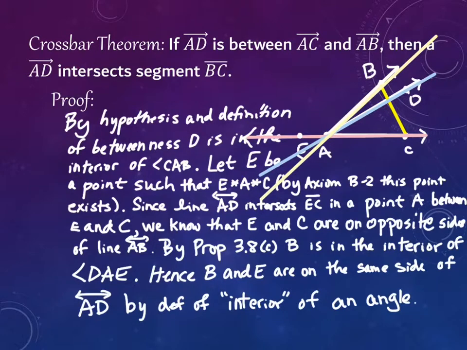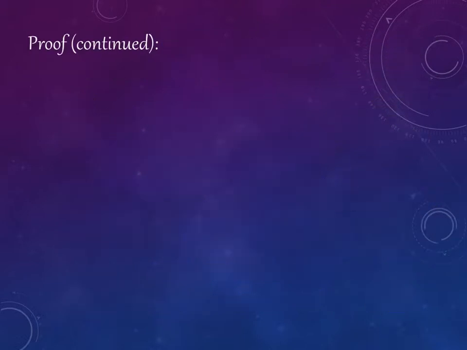So B and E are on the same side of the blue line, line AD. Okay, I think I'm going to go to my next slide. It had some more space.